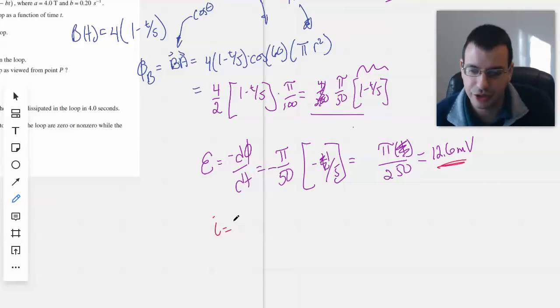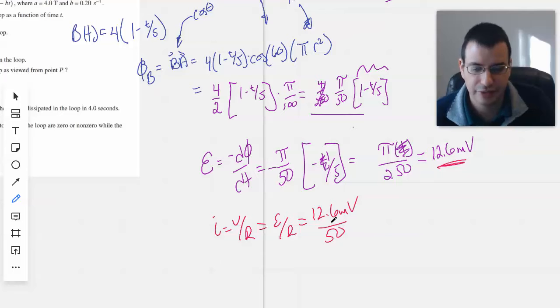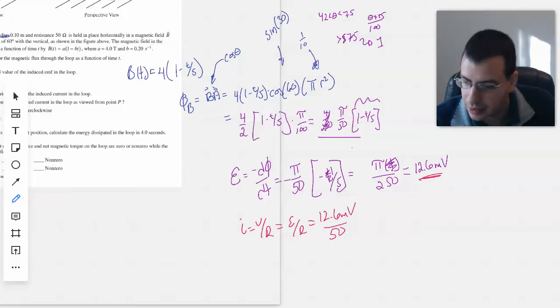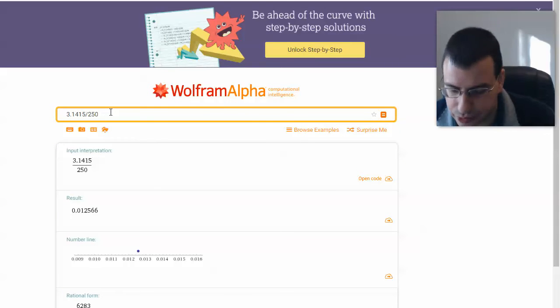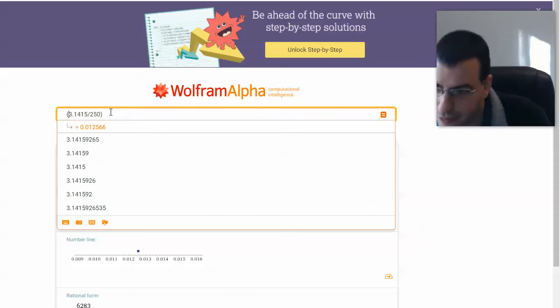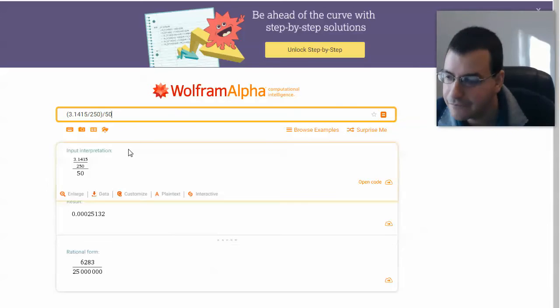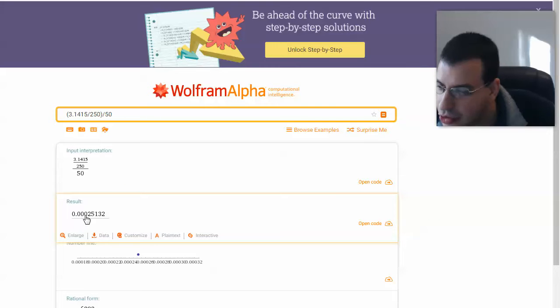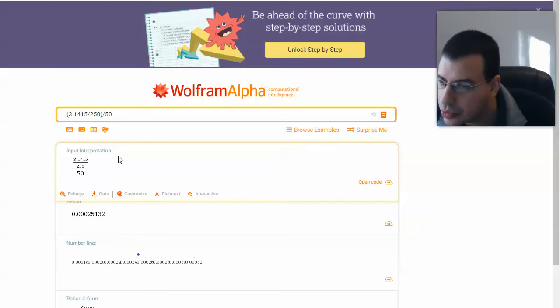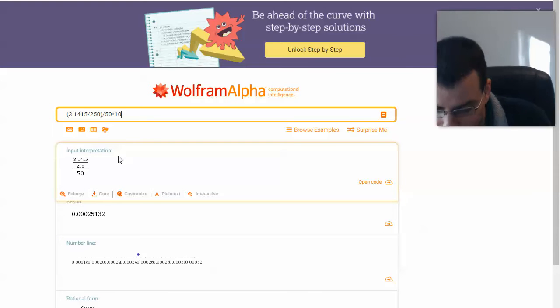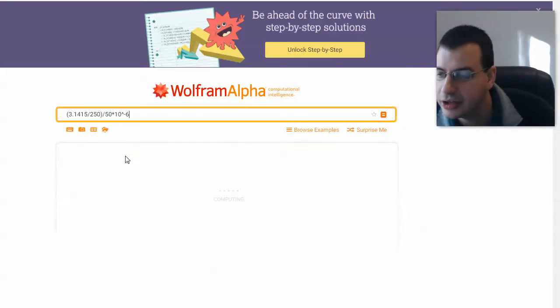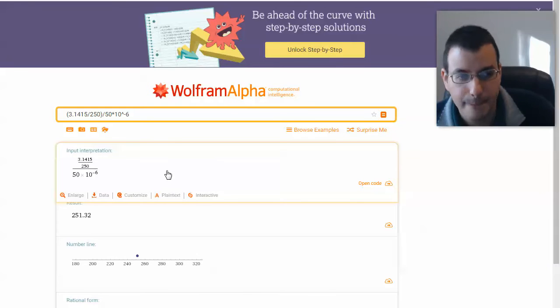So I equals V over R, which equals epsilon over R, which equals 12.6 millivolts over 50. So we have 1, 2, 3, 4, 5, 6 times 10 to the negative 6, and we get 251 microamps.